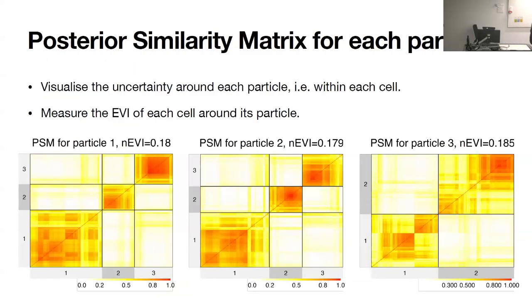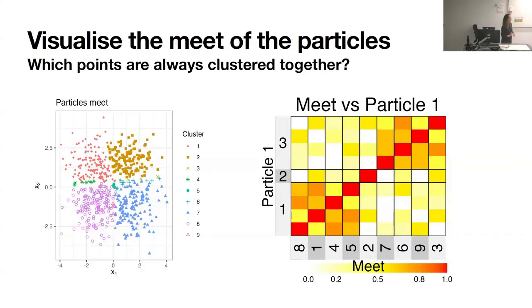So here's just one of these visualizations. This is looking within each cell, how much uncertainty there is. There's not a lot of interesting difference in this example, but that third one that split them into 2 does show a slightly higher uncertainty compared to the first 2 particles. This is what the meet of the particles looks like.